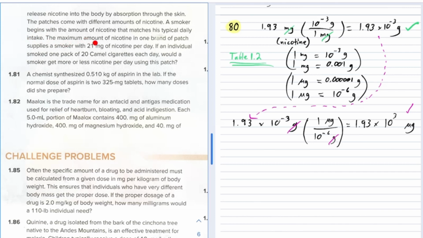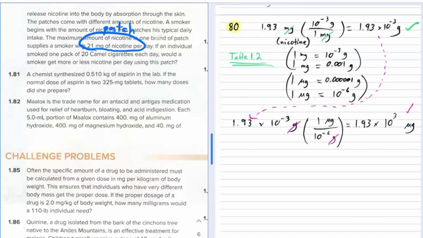Okay, the maximum amount of nicotine in one brand of patch supplies a smoker with 21 milligrams of nicotine per day. If an individual smoked one pack of 20 Camel cigarettes each day, would a smoker get more or less nicotine per day using the patch? So basically, the patch supplies that much.